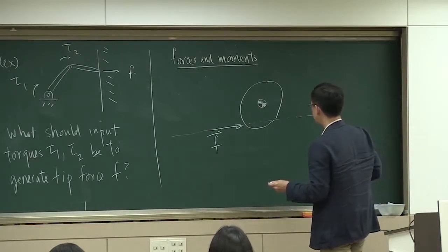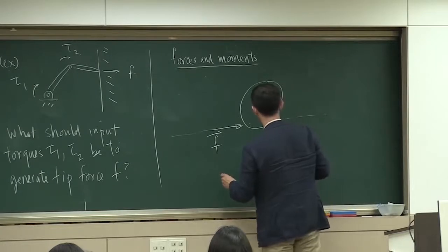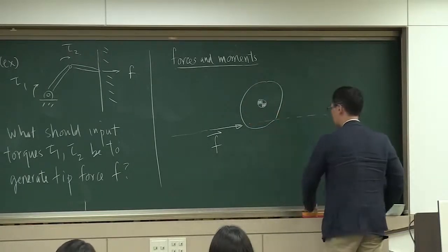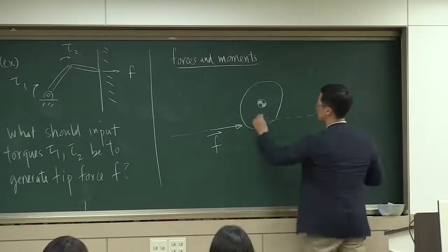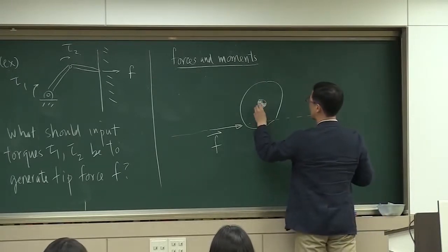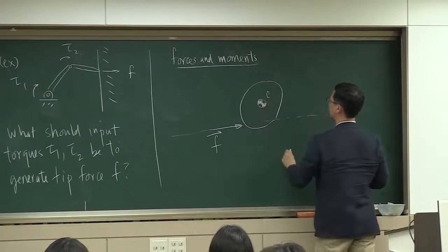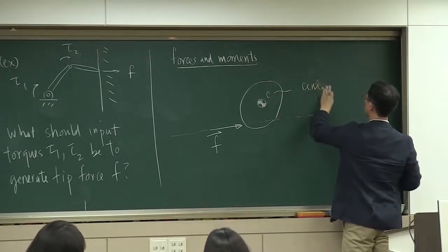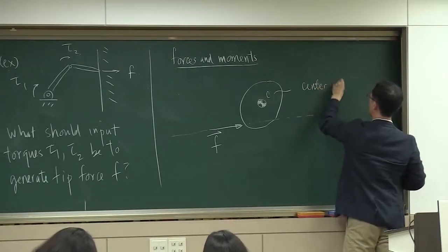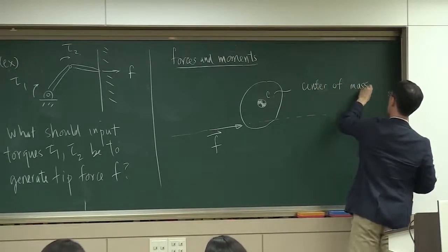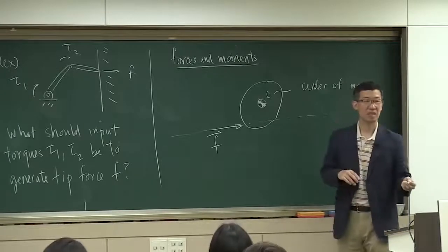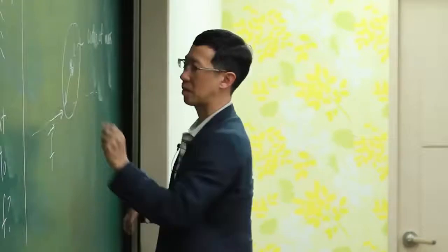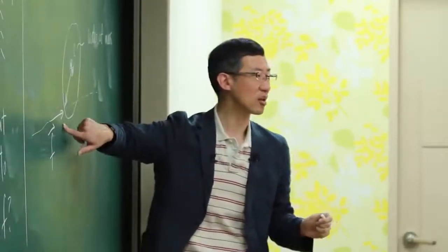So there's going to be some rotation. How do we capture that? Let's call this center of mass C. Now I'm going to draw a vector from the center of mass to the point at which the force F is being applied.